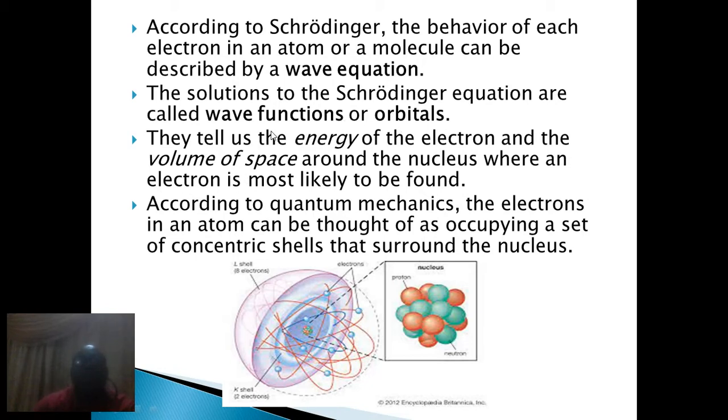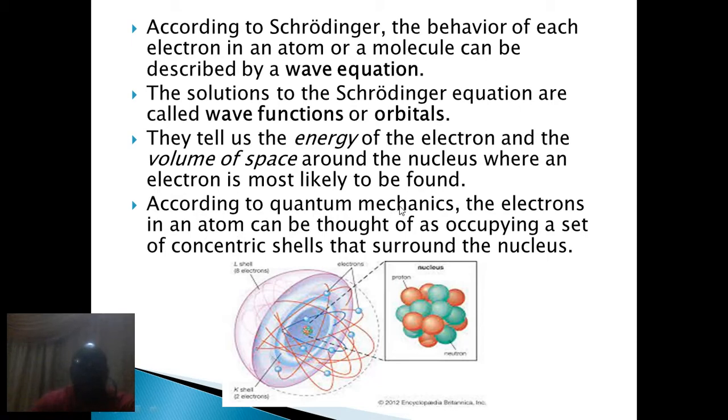These orbitals or wave functions tell us the energy of the electron and the volume of space around the nucleus where an electron is most likely to be found. In fact, orbitals have been defined as the space of highest probability where you can find an electron.